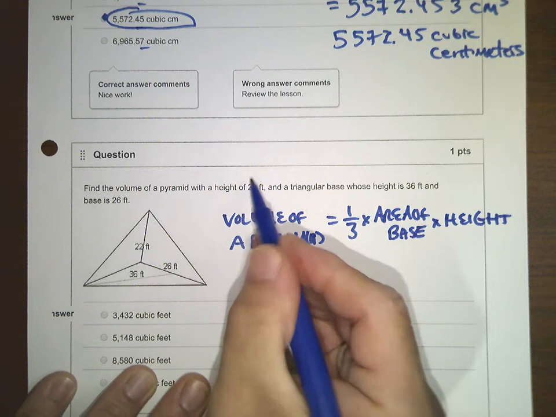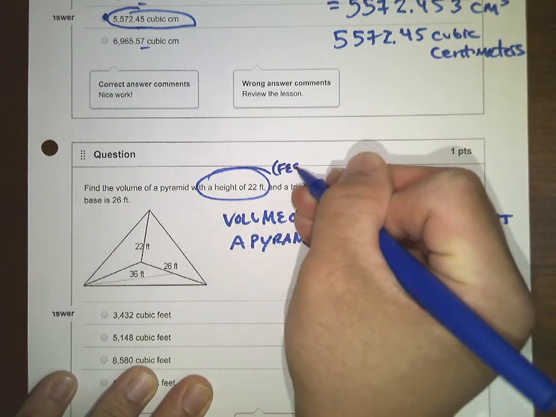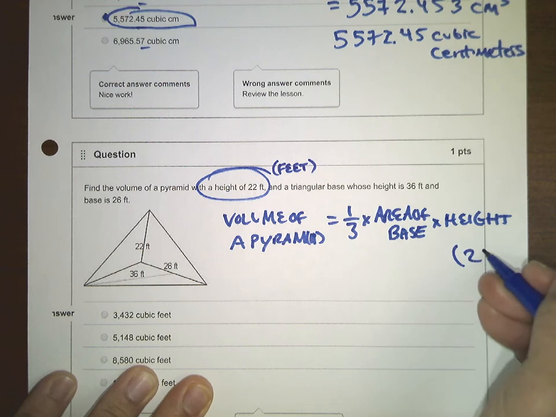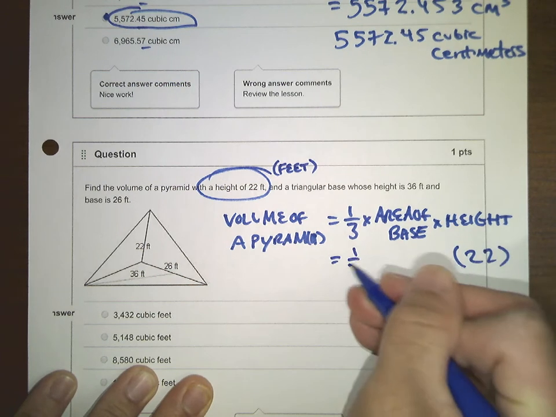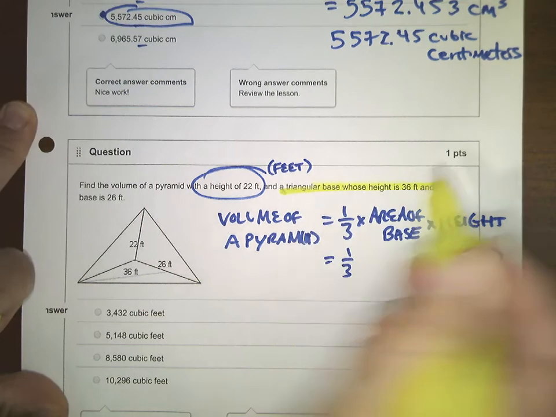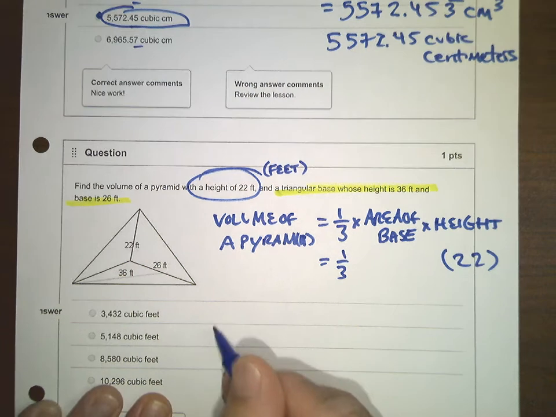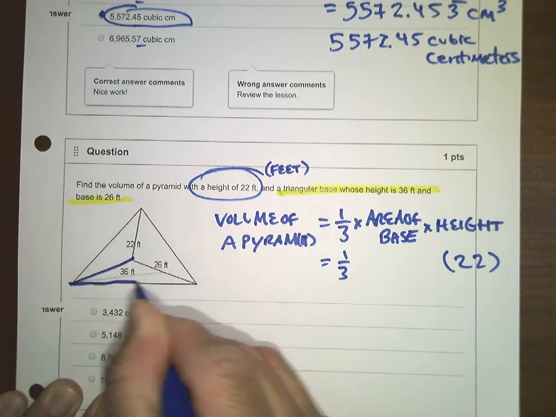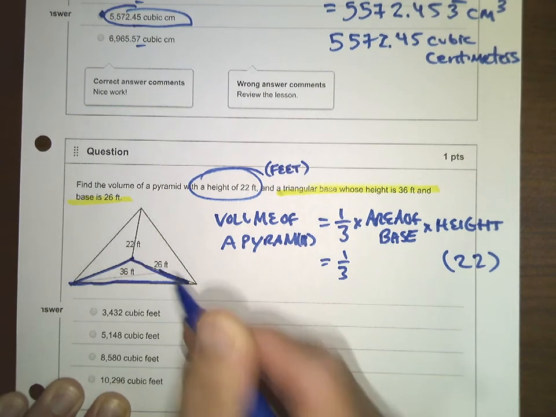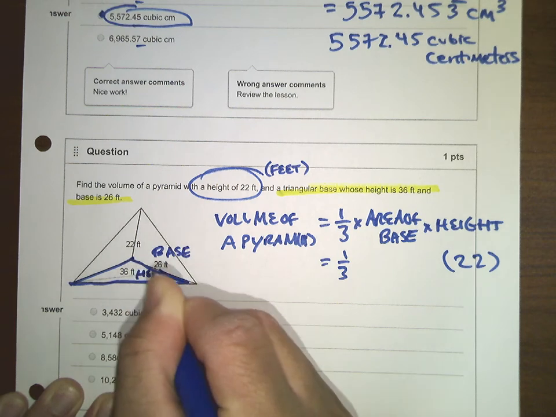So we see that the height of the pyramid was 22 feet. So this is 22. And we know that the area of the base, well, that's a triangle with a height of 36 feet and base of 26 feet. So it's this triangle right here. So this is the base and this is the height.